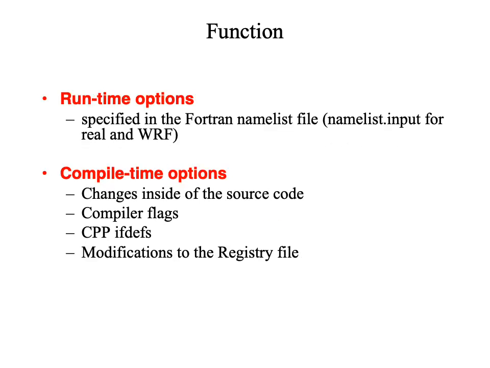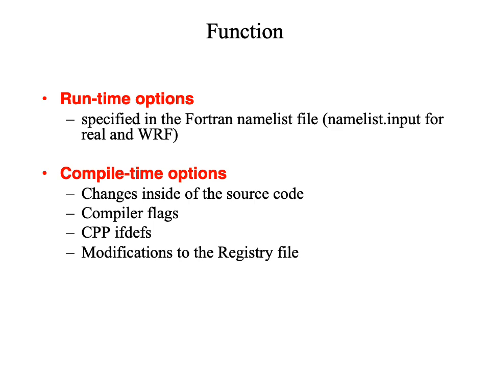You'll hear a number of presenters talk about the difference between runtime options and compile time options. It's kind of just a set of terms that you have to start being familiar with. When we refer to runtime options inside of the WRF modeling system, including WPS, what we are referring to are the options that can be used to change the simulation that do not require the code to be recompiled.